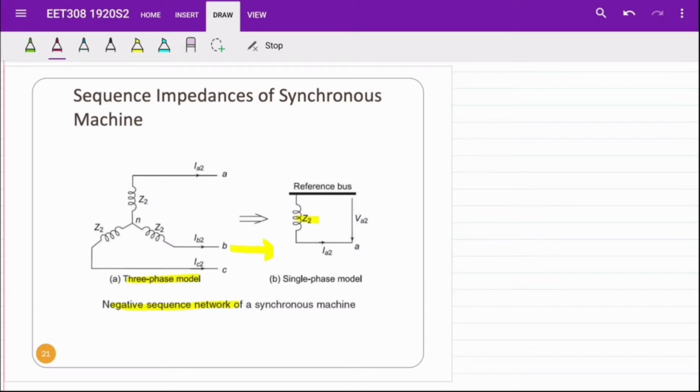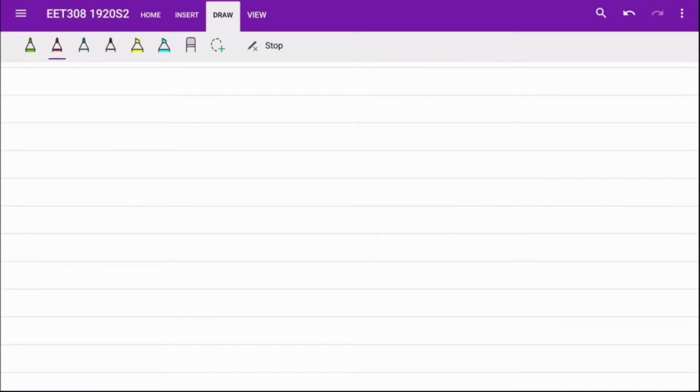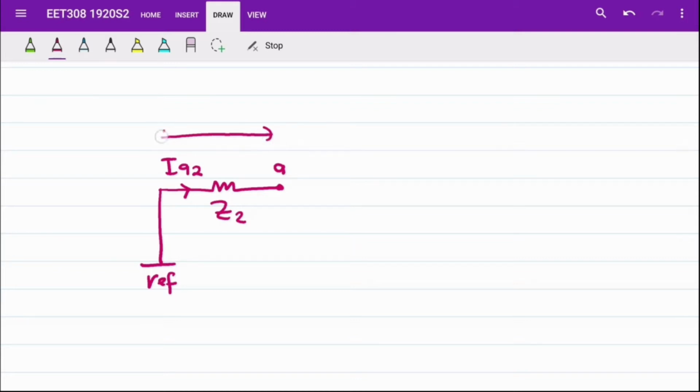For example, in the negative sequence, we have negative sequence impedance Z2 connected to the reference bus or to the ground, and the other side of Z2 is connected to node A. The current that flows in this circuit we name IA2, and the voltage potential between the reference point and node A is VA2.